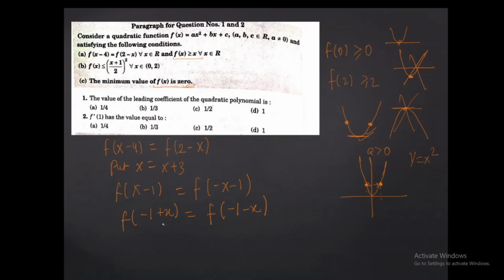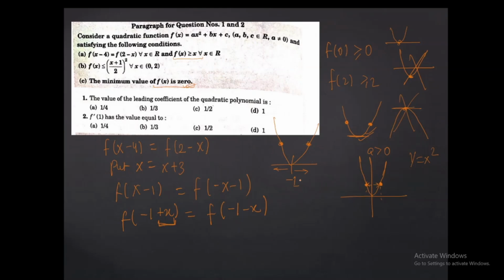As you can see from here, say we have the number minus 1 over here. On moving x from minus 1 to the right-hand side, we get a certain number corresponding to it, and if we move the same x from minus 1 to the left, we get another number which will be the same. So you can see that it will be symmetric about the point minus 1. Okay.